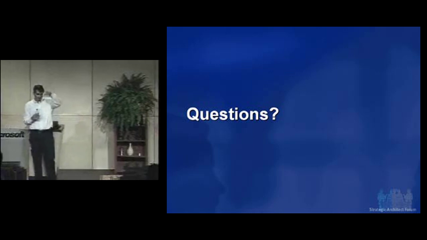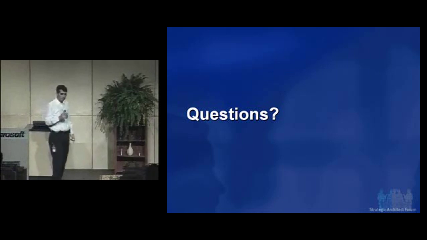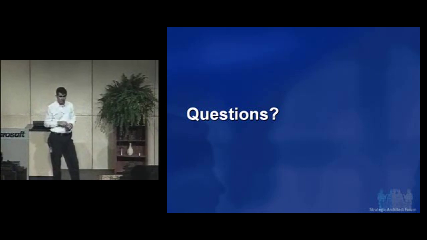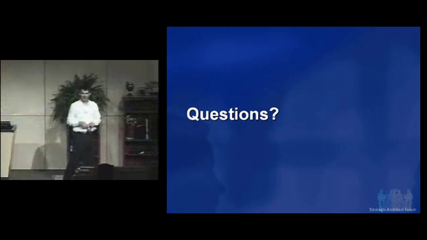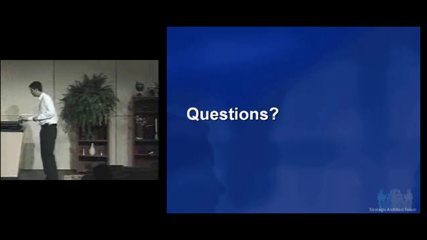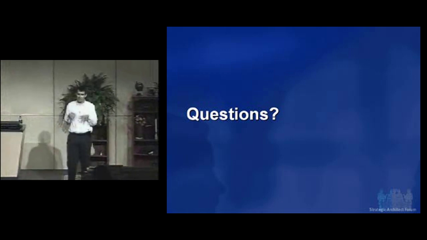Other questions? Yes, sir. In your document on Avalon, you identify three different models: document, UI, and media. Can you talk a little bit about those and how you're positioning those? Okay. The question was, as we were talking about document, UI, and media areas in Avalon. So I talked before about integration.